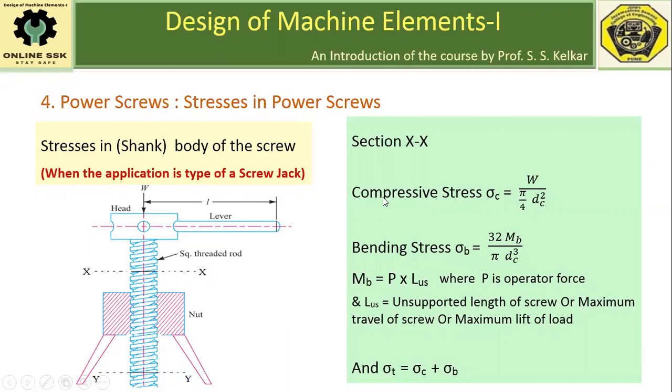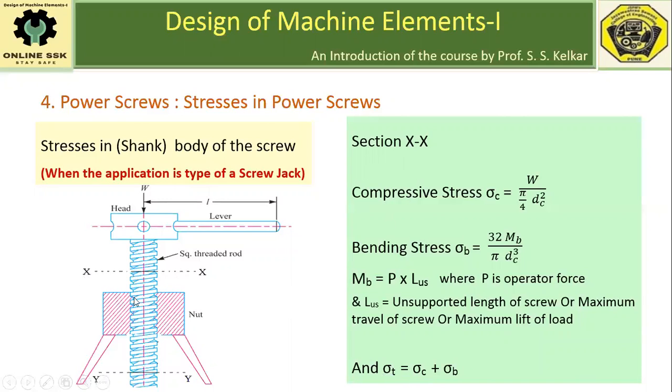Now, both the compressive stress and bending stress are of the same nature. Both are direct stresses, both representing sigma. Therefore, adding the two, we can calculate the total direct stress to which section XX is subjected.